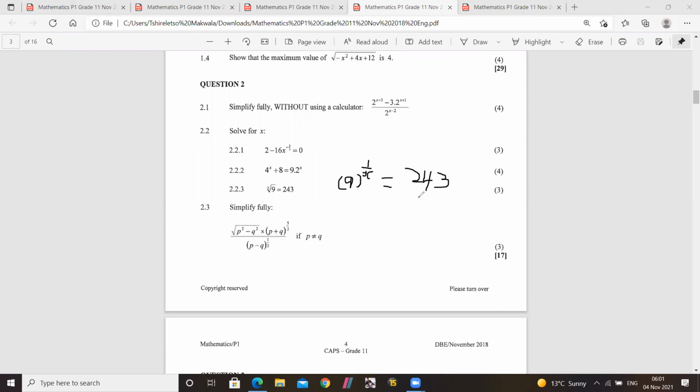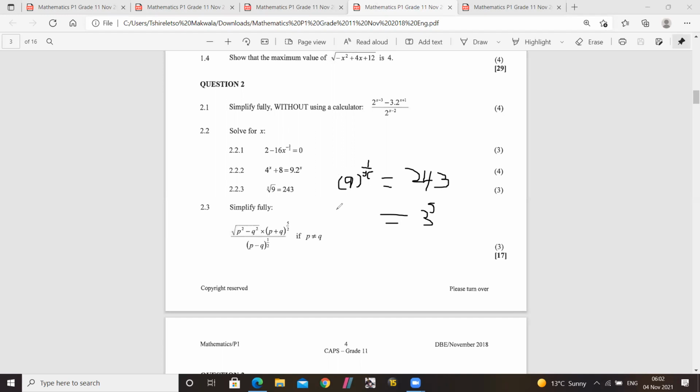So how do we do this? You can type 243 in your calculator, press equals, then press shift, then fact, and you'll see that 243 is the same as 3 to the power of 5.